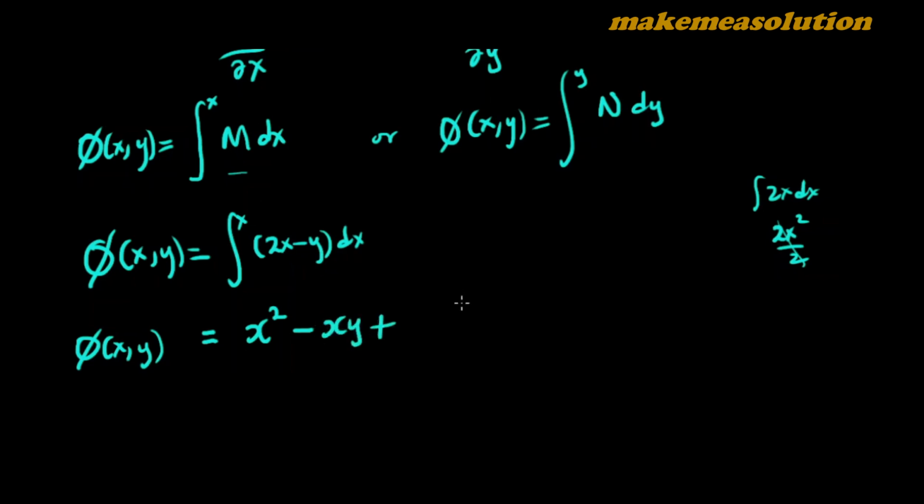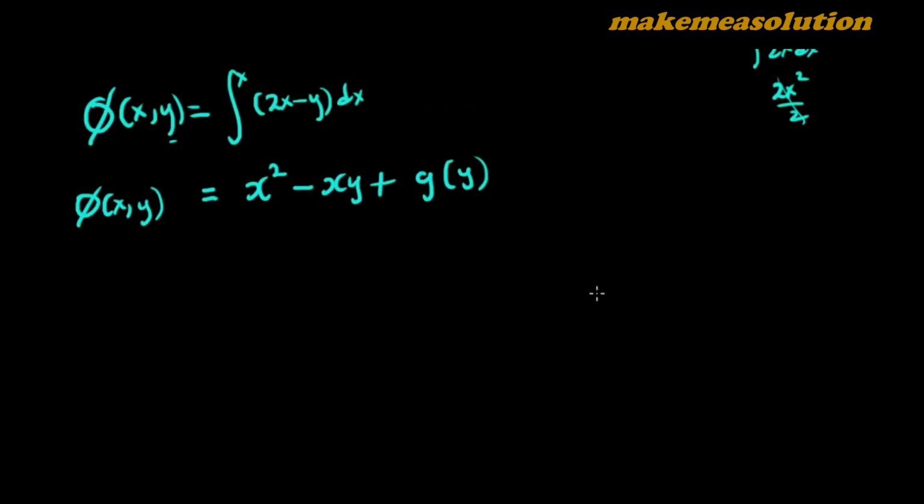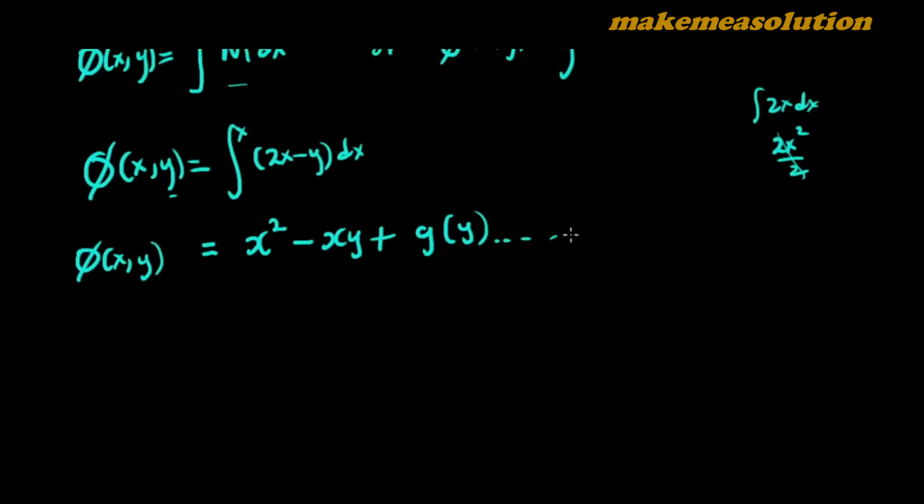Then our constant of integration is a function of the complementary variable, which in this case is y, so you have a g of y. Our g of y is an unknown which we are going to attempt to find, but this is the half-baked answer.